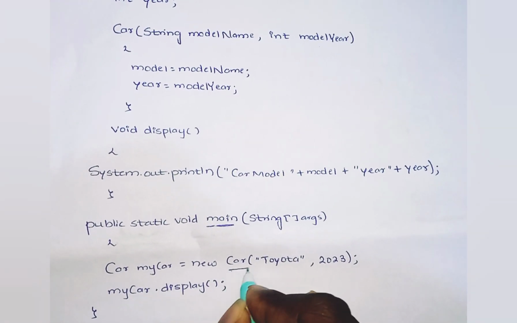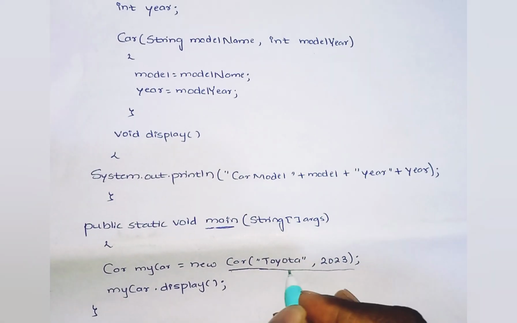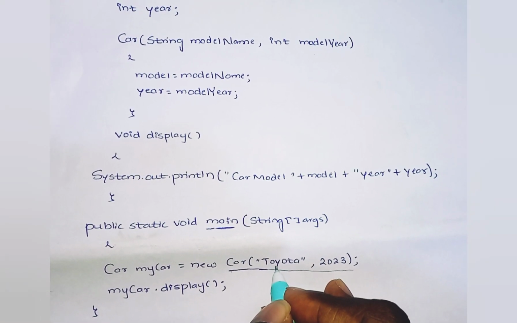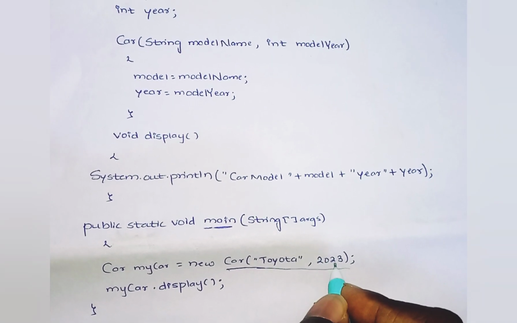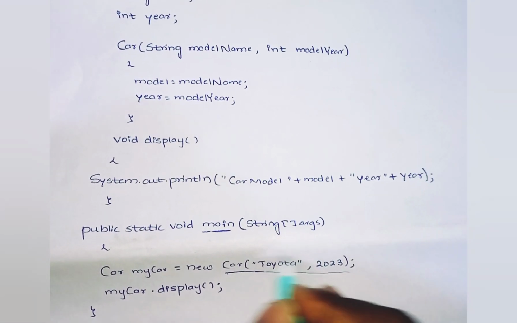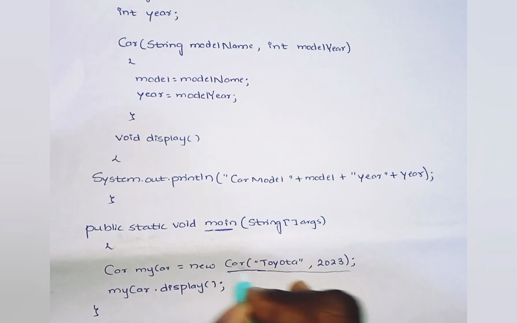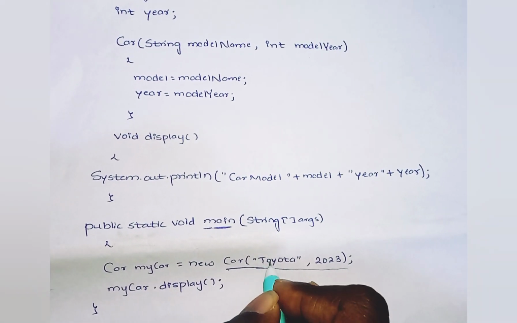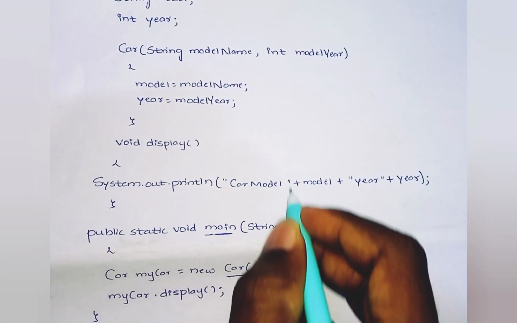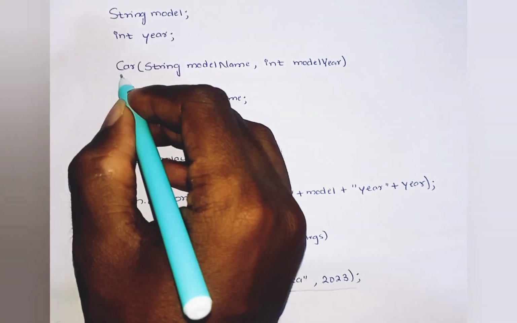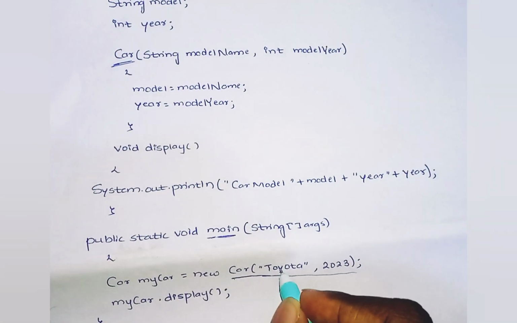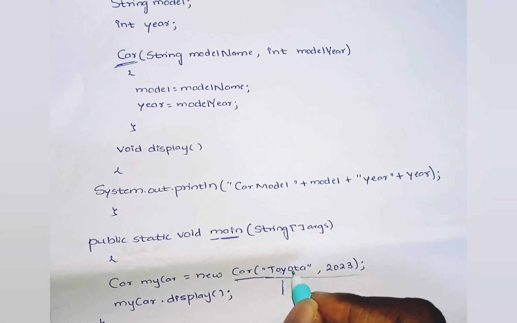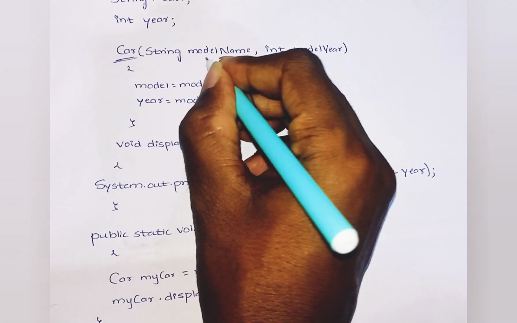This is the constructor, and I am passing two arguments: Toyota, which is of type String, and 2023, which is of type int. The moment you create an object, the constructor with these two arguments gets called. So we have a constructor with two parameters.